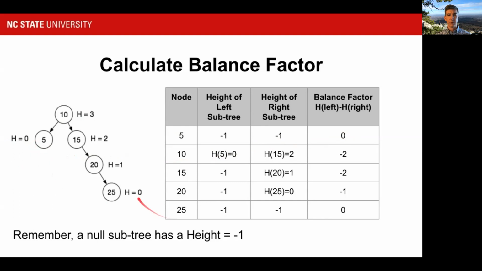I'm going to do this out of order. Let's look at 25. 25, again, is a node that has nothing on either side, right? So it has a left subtree of -1 and a right subtree of -1. So it will also be considered balanced. When we go to 20, 20's left side is -1, but its right side is 1 because it has one child beneath it. Okay, I'm sorry, actually, I'm getting ahead of myself.